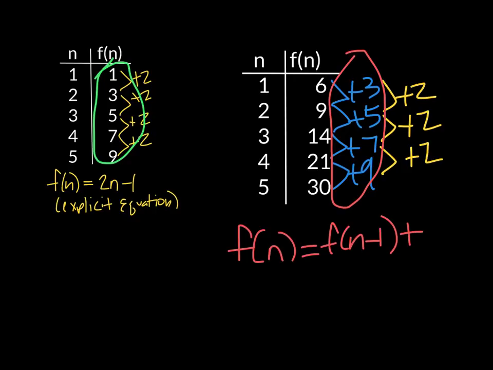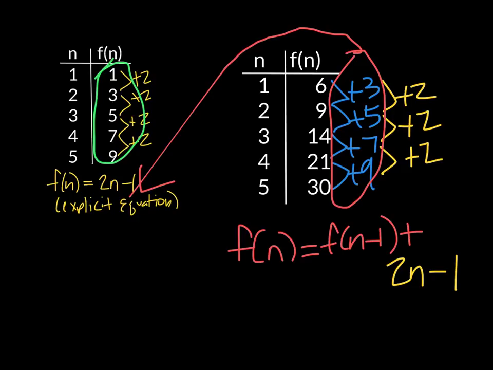So to write the recursive function of a quadratic equation, we take f of n, we take the previous term, which is f of n minus 1, and we use the equation that gives us the linear data, which in this case was 2n minus 1. All we would have to do is take that first difference data, write the explicit equation for that, and then put that into our recursive equation of our quadratic.